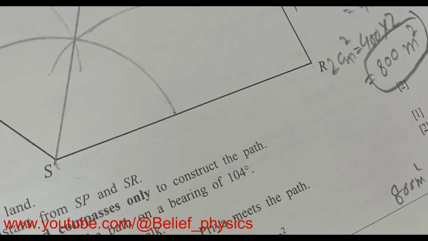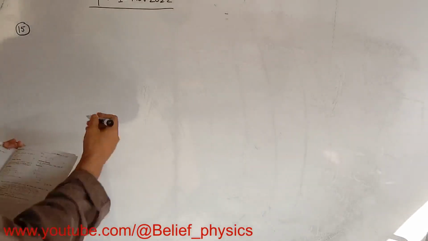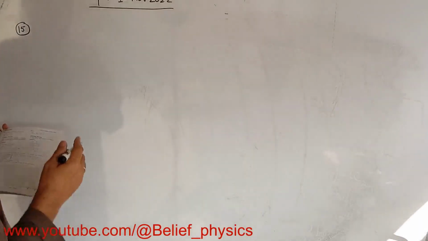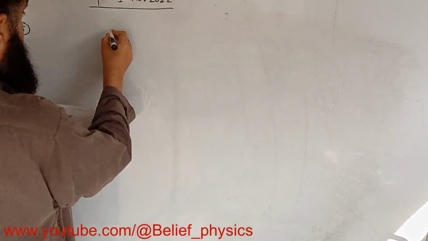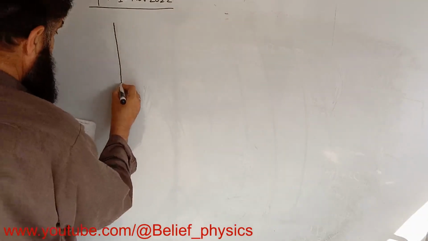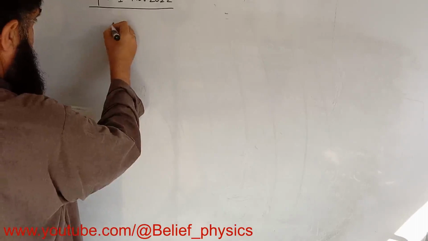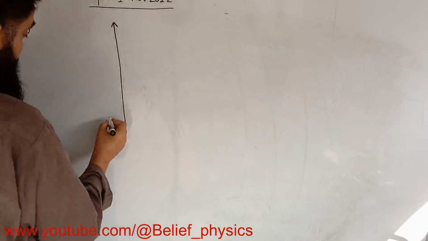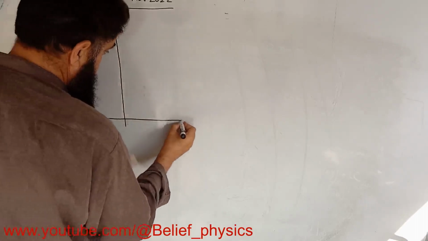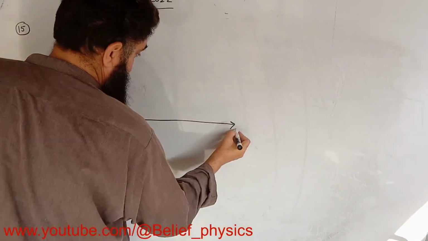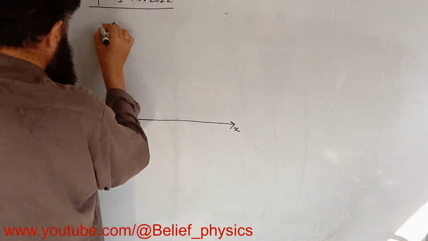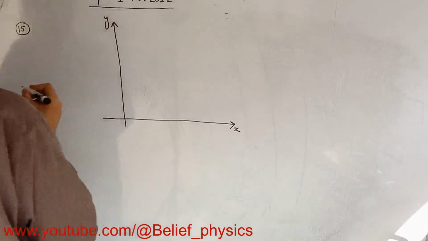loci and construction. Number 15, the diagram is given. I draw it for you. This is the y-axis and this is the x-axis.